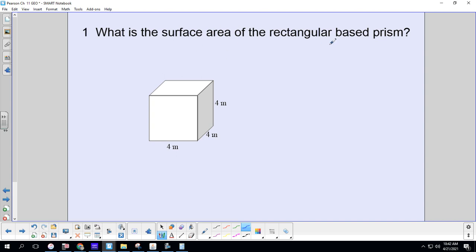Okay, so we're going to look at a rectangular-based prism. Ooh, this is fun. This is bonus material. So when you have a cube, the surface area, so it's 4, 4, and 4. So here's the beauty of it.